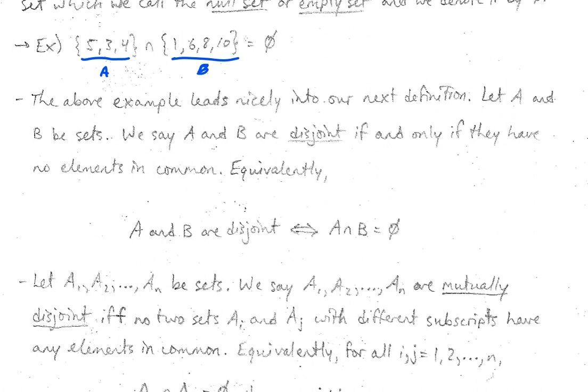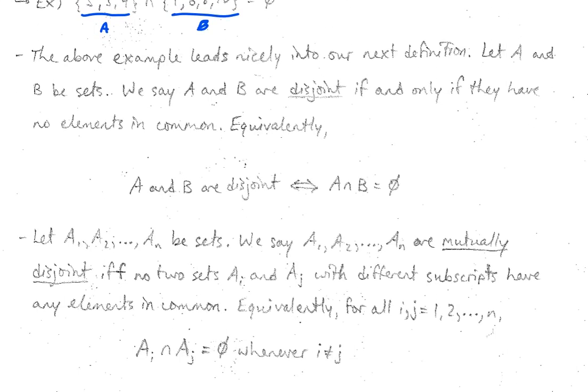We say this collection of sets is mutually disjoint if and only if no two sets, A sub i and A sub j, with different subscripts, like A2 and A4, or A1 and A8, have any elements in common. Equivalently, in more mathematical notation, whenever i is not equal to j, A sub i intersect A sub j gives you the empty set.